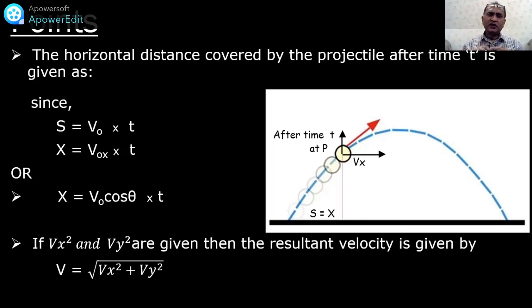Then you will mention that the vertical component will be changing continuously. You will tell the reason, and you will also say that the horizontal component will remain constant, right? Then you will also show how to find the horizontal distance after a certain time. So all this you will include in the topic. Write a note on projectile motion. Okay.